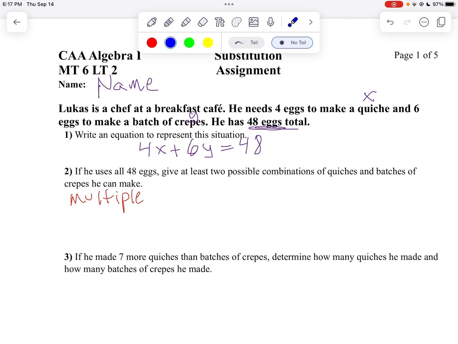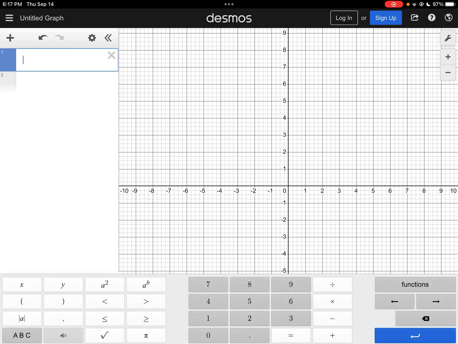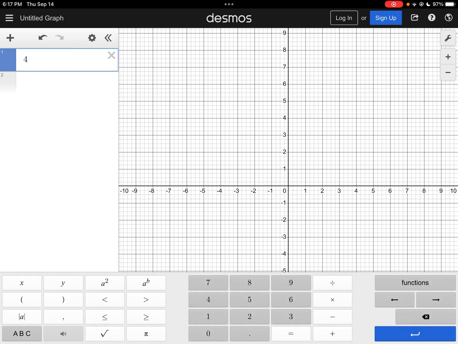Well, what I would do is I would graph 4x plus 6y equals 48. So we're going to go 4x plus 6y equals 48. Now, notice here, the other constraint is we can't have negatives.